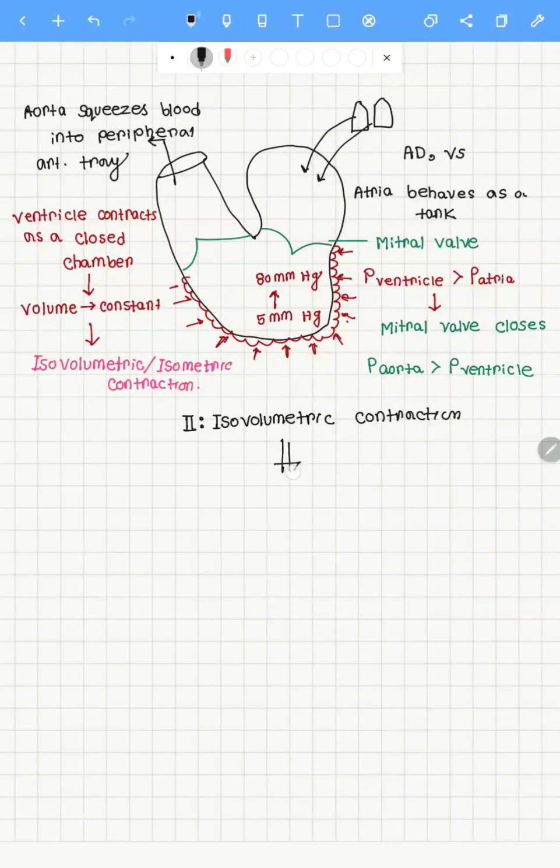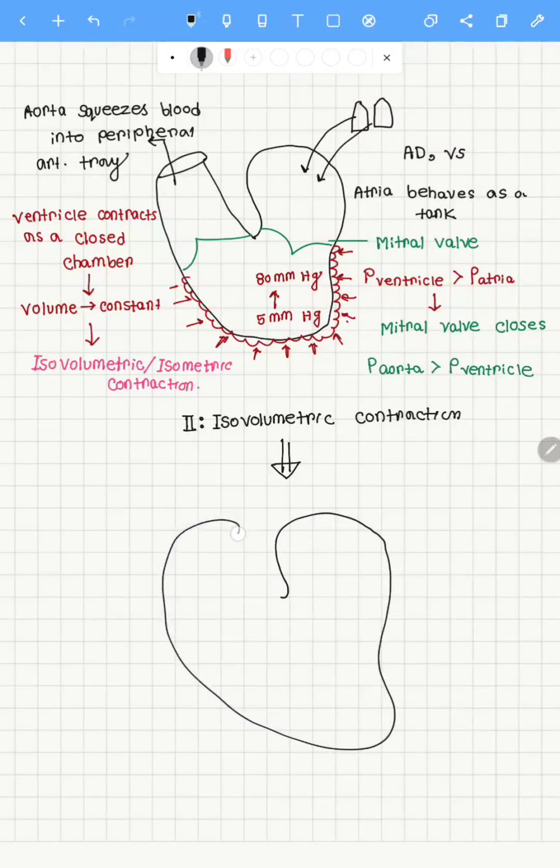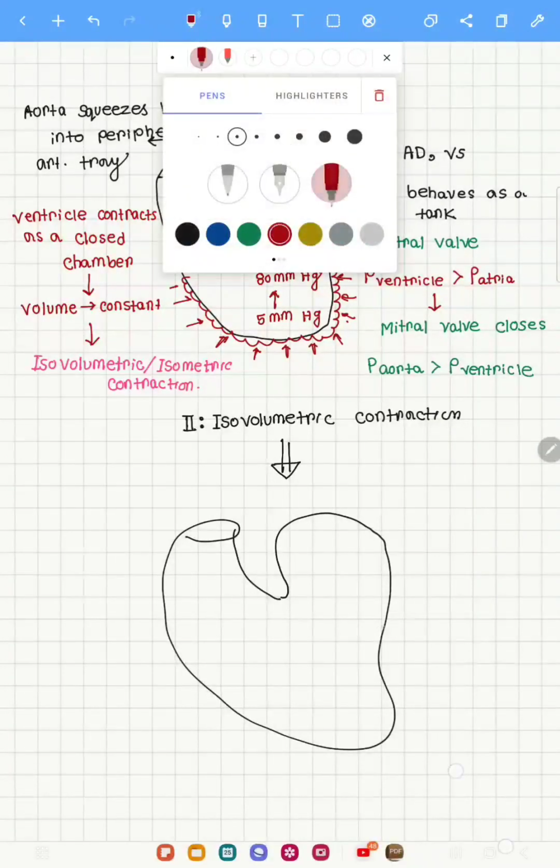Coming to the next phase, let me draw the heart once again. As I had discussed earlier, the ventricle was contracting. So let me show that.